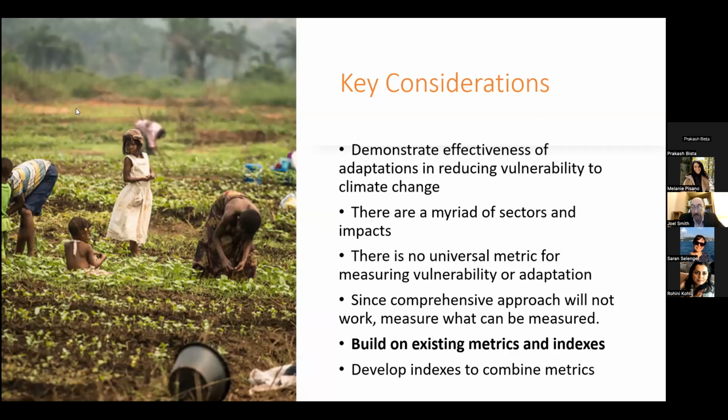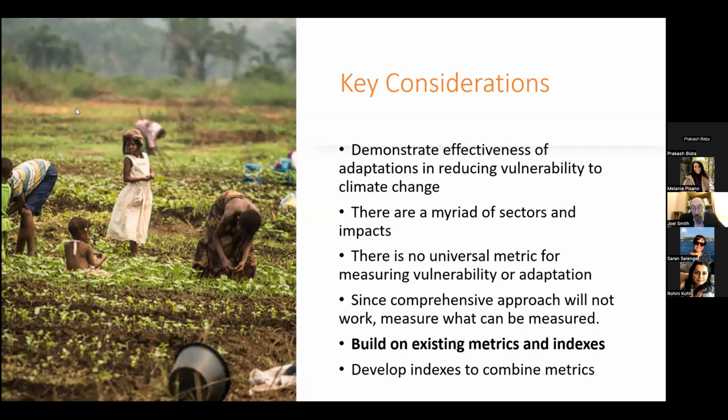So our suggestion is, let's measure what can be measured. Let's start with what we can measure. In a sense, we are trying to determine the elephant just by feeling different parts of it, but it's a way to begin. And we suggest building on existing metrics and indices. That's because they've already been developed, they're established, many countries are already working with them.